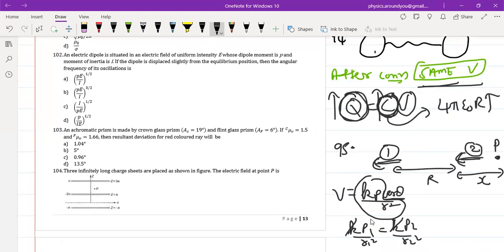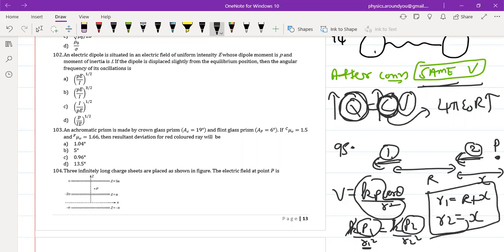K gets cancelled. Just substitute the magnitudes of P1 and P2 given in the question. The distance between dipole 1 and point P, R1, is R plus X. The distance between dipole 2 and P, R2, is simply X. If you put R1 as R plus X and R2 as X in the equation, you'll get a quadratic equation.